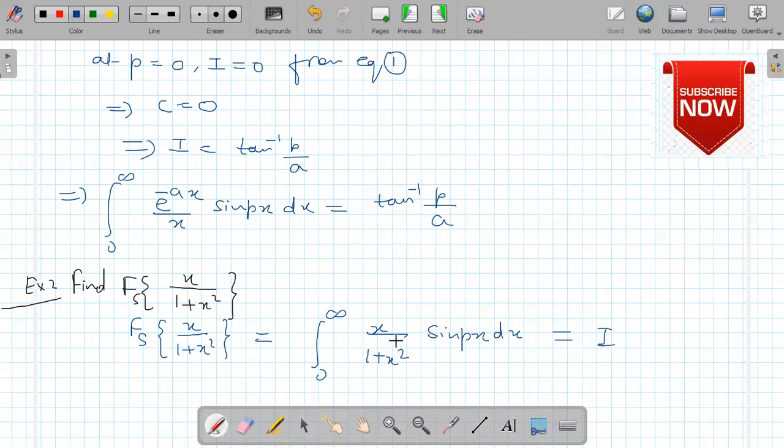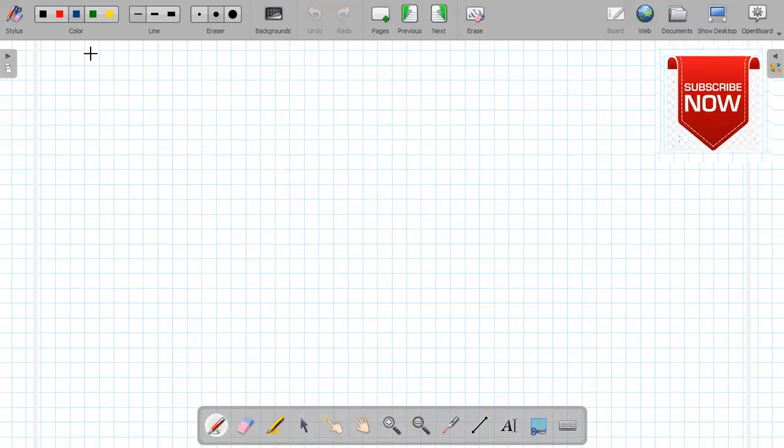अब हम इस क्वेश्चन में x से हम न्यूमरेटर और डिनोमिनेटर में मल्टीप्लाई करेंगे सबसे पहले, उसके बाद हम +1 और -1 करेंगे. तो I इज इक्वल टू हमें क्या मिलेगा? 0 टू इंफिनिटी x स्क्वायर अपॉन x इंटू x स्क्वायर प्लस 1 sine of px dx.